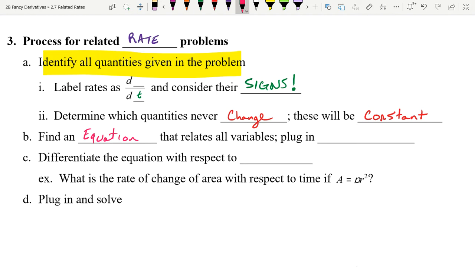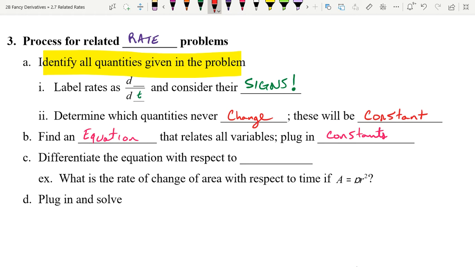So whatever equation kind of relates what we need, we're going to find that next. And we're going to plug in our constants. So before we take a derivative, we're going to plug in constants, because if it's constant, it's not going to have a derivative, because a derivative is all about change. So if it doesn't have a change, then it doesn't have a derivative.